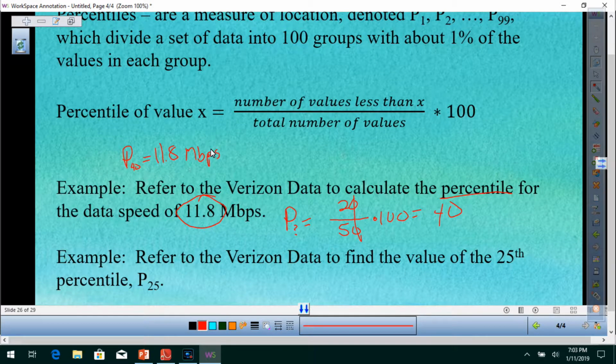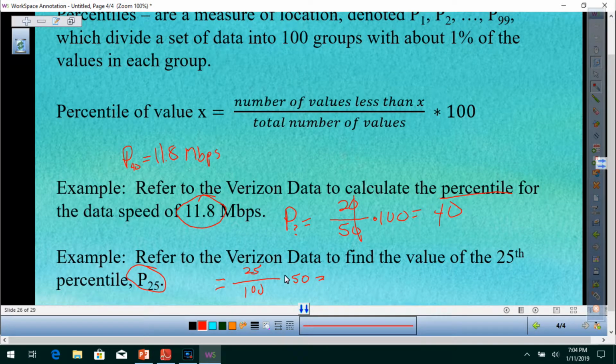Okay. Now, what if I wanted to find P sub 25? I wanted to find the 25th percentile. So to do that, I would need 25 out of 100 times 50.